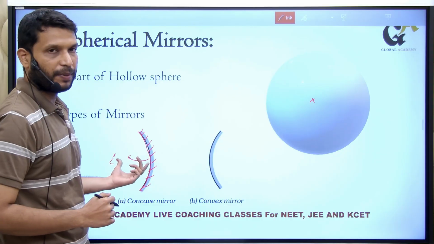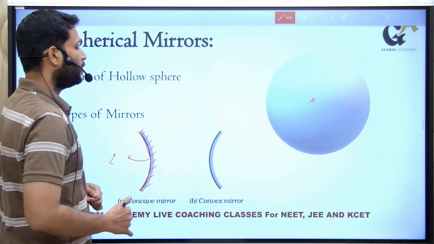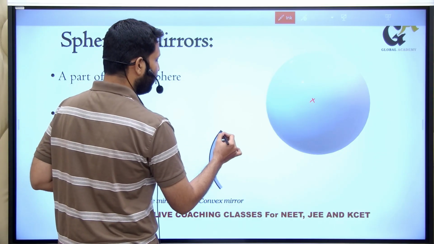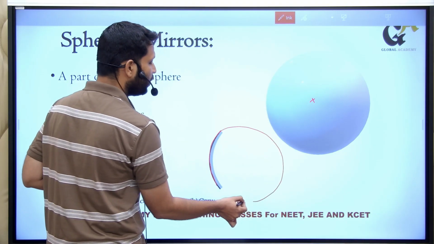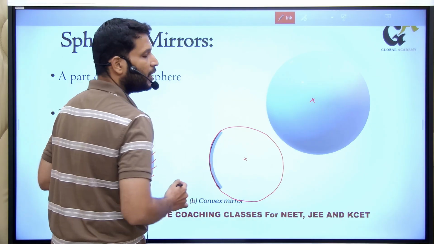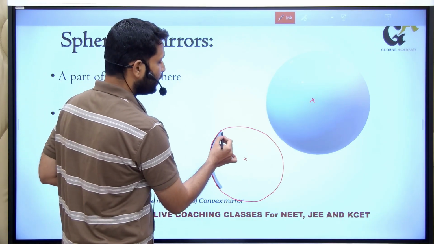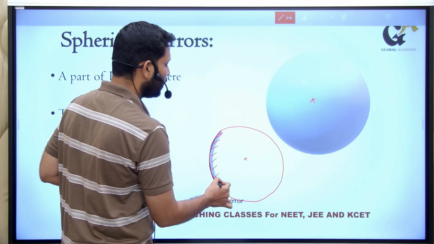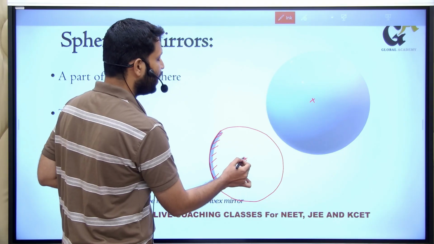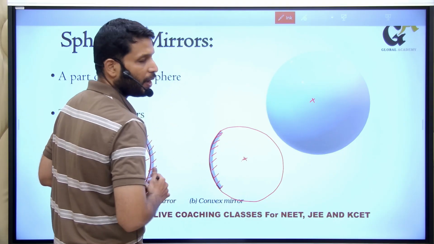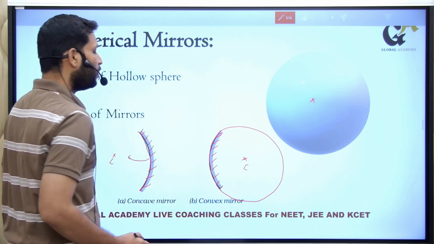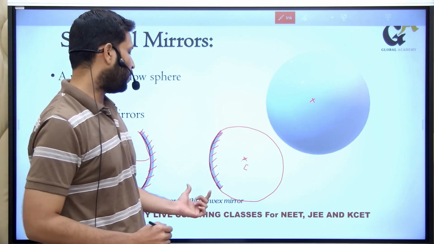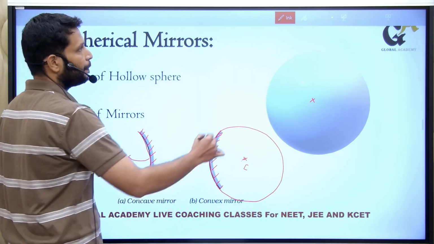So such kind of mirrors are called concave mirrors. In the second case, you have the reflecting surface exactly opposite to the direction of center of curvature. So here in the second case, the center of curvature lies on one side, and on its opposite side you have the reflecting surface of the mirror. Therefore, the second is an example for the convex mirror.